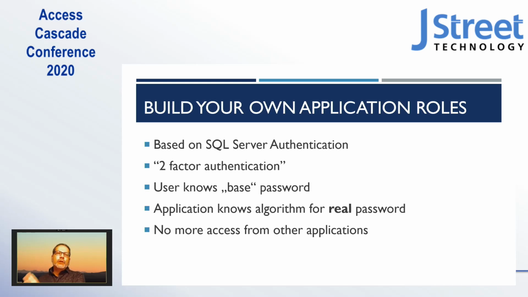An algorithm that needs to be applied to the user's base password to convert it to the real password that has been configured on SQL Server for this user. And as the user doesn't know his real password, he cannot fire up any application like Excel or SQL Server Management Studio and connect, as I showed you. So no more access from any other application to that.